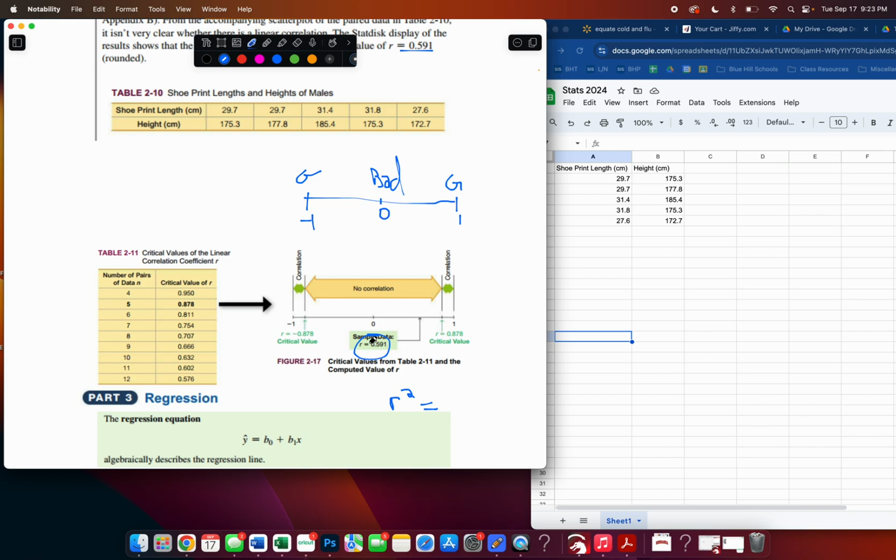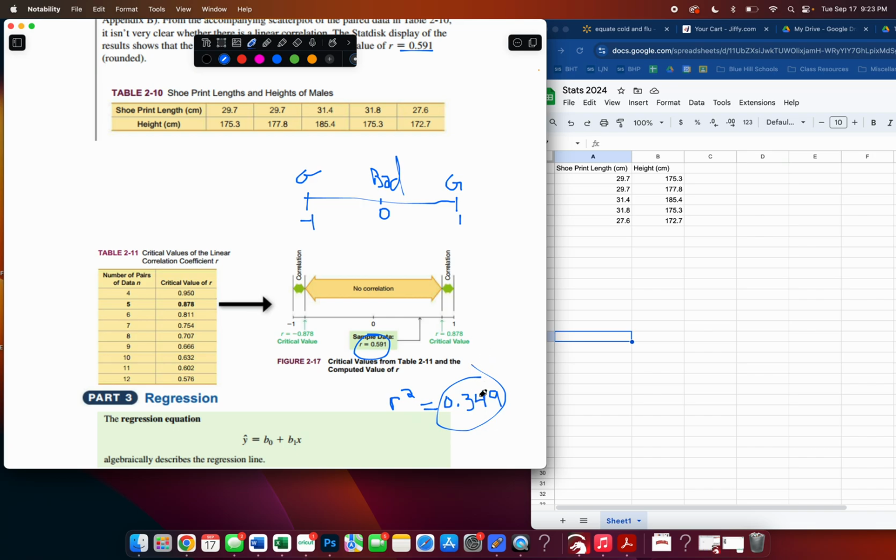R squared, a lot of times, if I take that number, 0.591, and I square it, it gives me 0.349, let's say, okay? Another way of thinking about r squared is that this number tells you basically what percentage of your data follows a linear relationship.